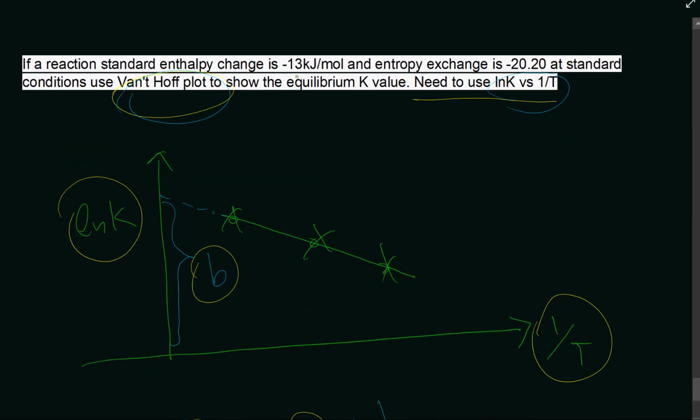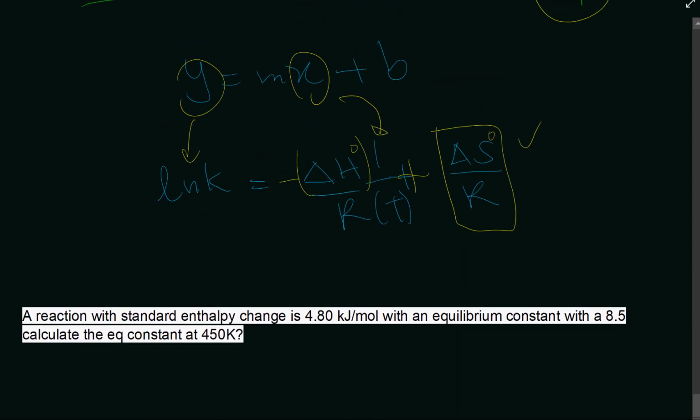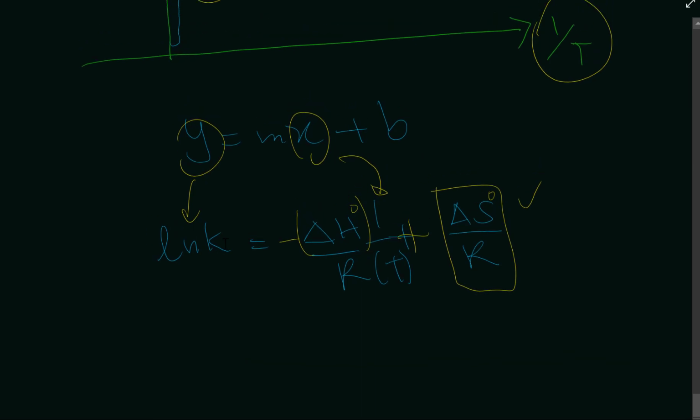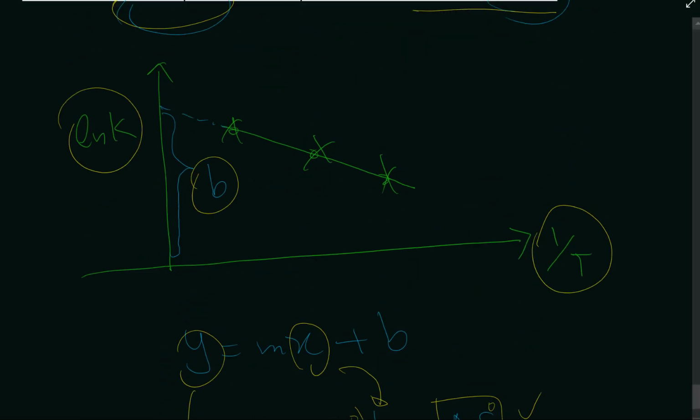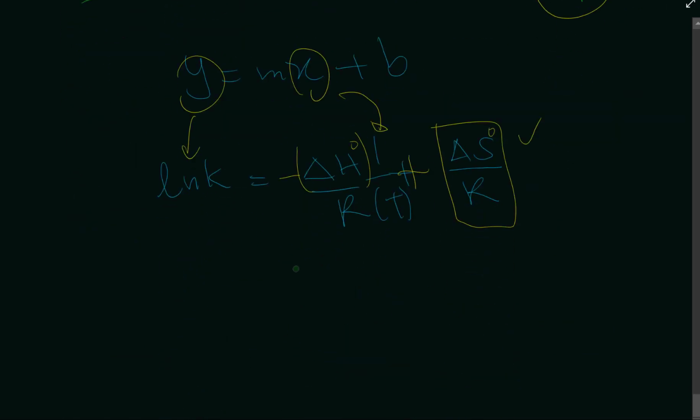In this case, the question is given some information, minus 13 kilojoules per mole, and the entropy is given. So you're given the standard enthalpy, you're given the entropy, right? So let's get this information here. Remove the next question away, so we have more space. So 13 times 1000 gets minus 13,000 joules per mole.